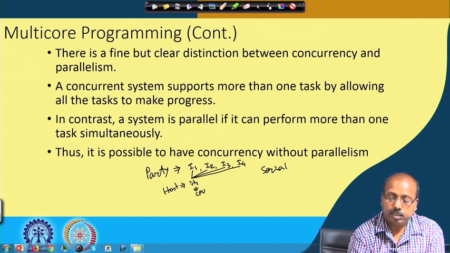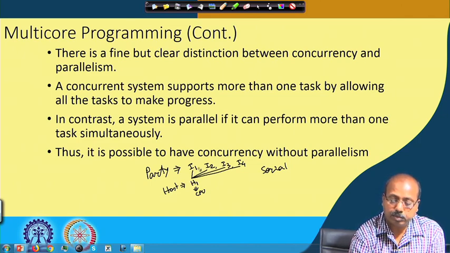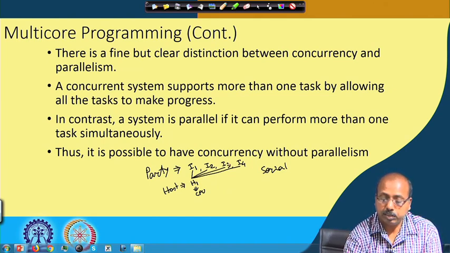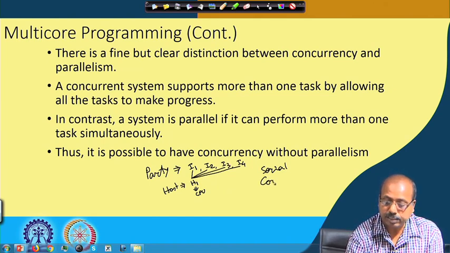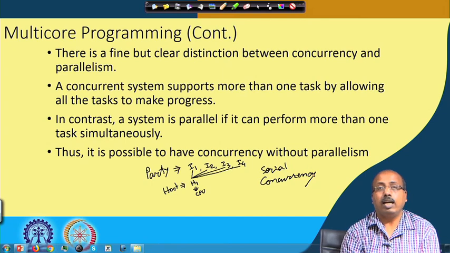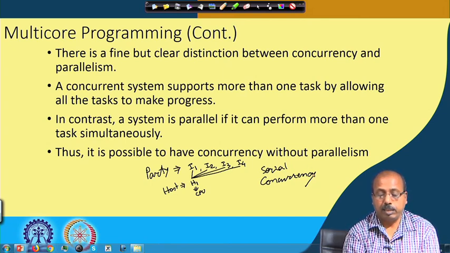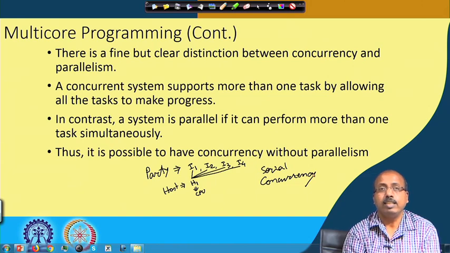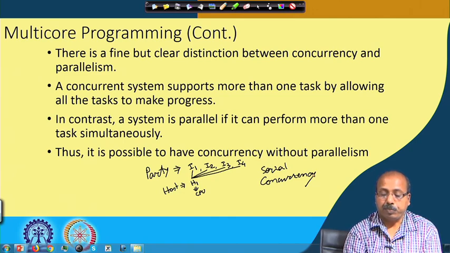As a result, all these invitees will feel that the host is interacting with them. This is basically the concurrency. All the invitees feel that they are being attended by the host. There is a concurrency in the attention. All the invitees are attended to in some sense concurrently.